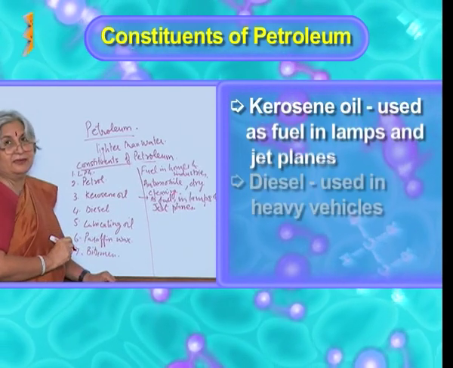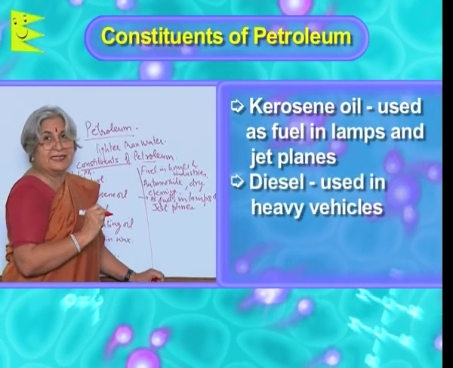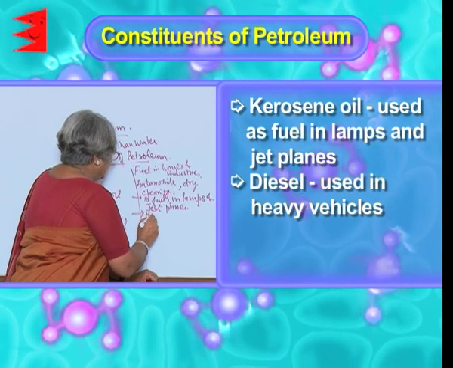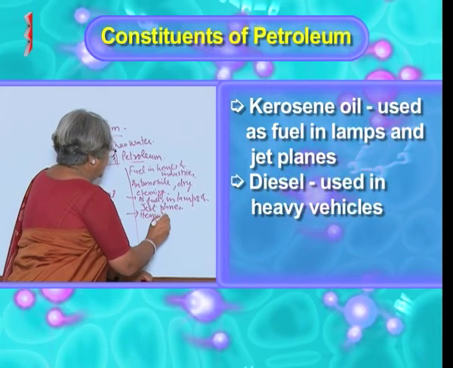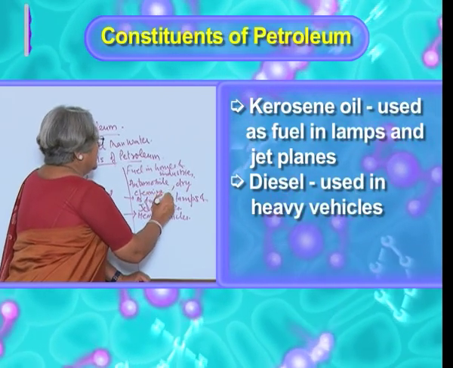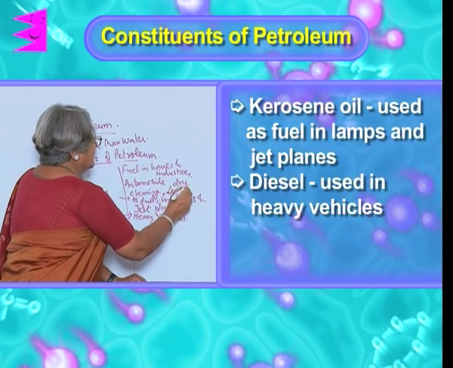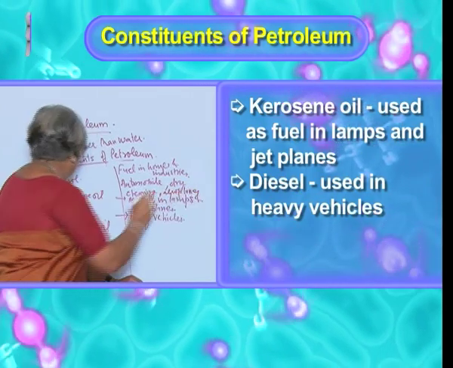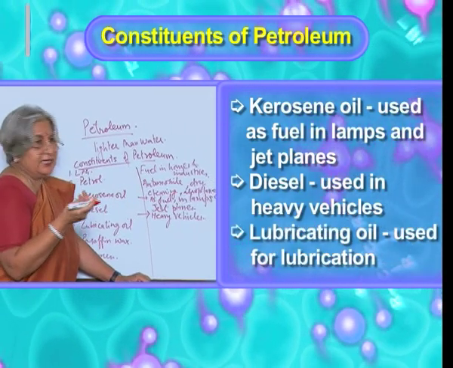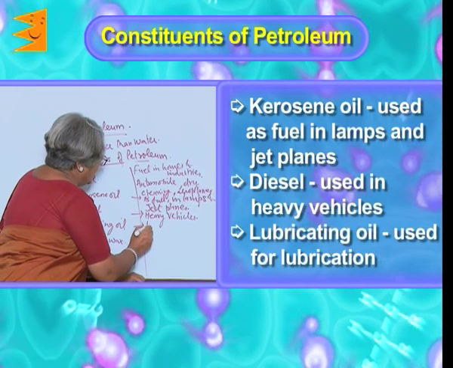Then comes diesel. Diesel is used in heavy vehicles. Petrol is also used in aeroplanes. Lubricating oil, obviously it is being used for lubrication.